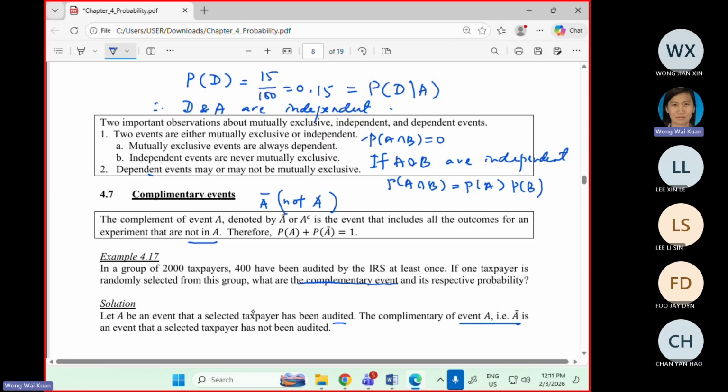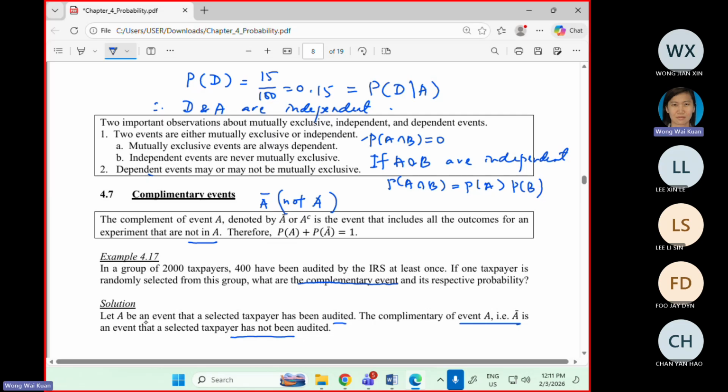Alright? So this one, has been audited, is A, then the complement must be the one that has not been audited. Now, please bear in mind, because I don't want you to copy in the lecture, that's why I type it out. If this question is asked, then you must write down what is the complement and what is A. You must let A be the event that the selected taxpayer has been audited.